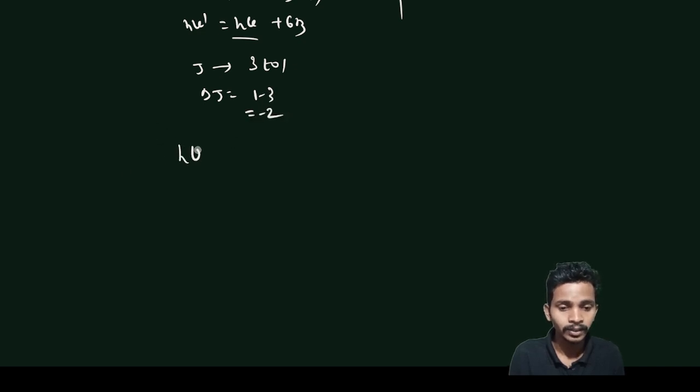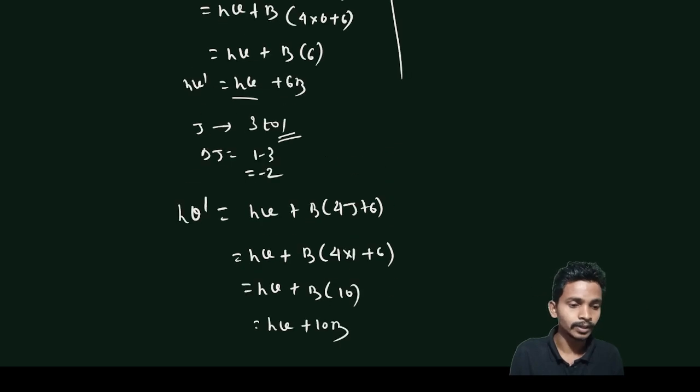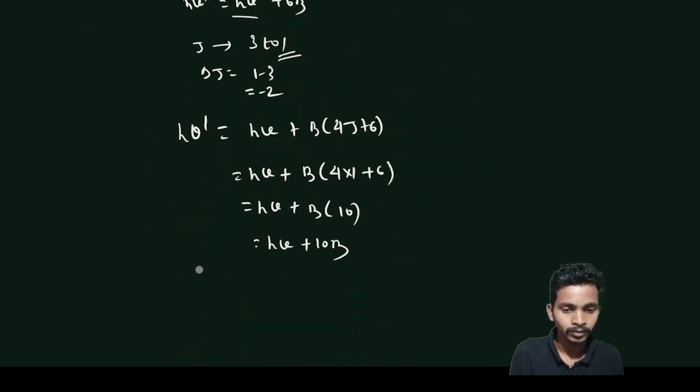So h nu dash equals h nu plus b for j plus 6, and here the final is 1, so h nu plus b times 4 into 1 plus 6, that is 10. So I get h nu plus 10b. Next I get the line at 10b after 6b.